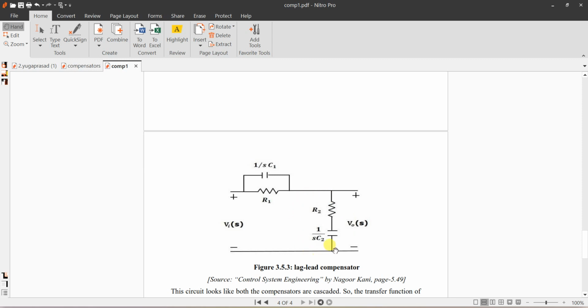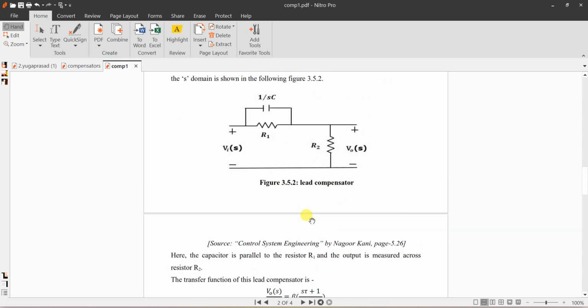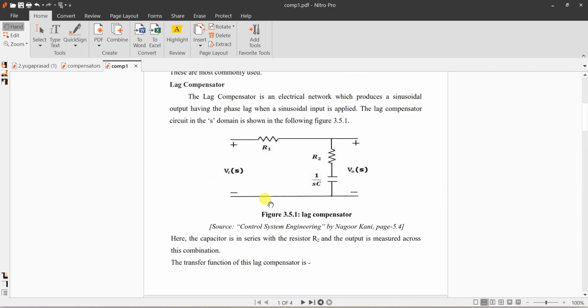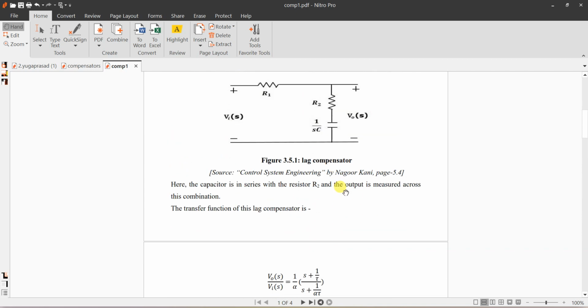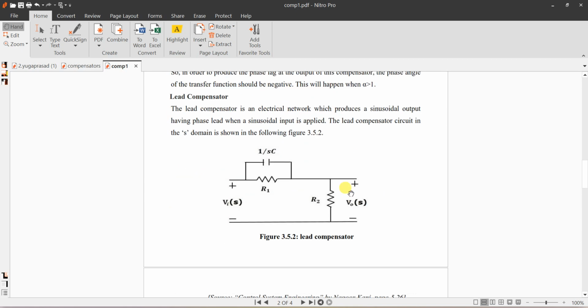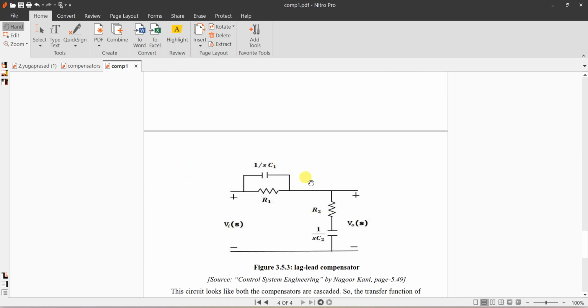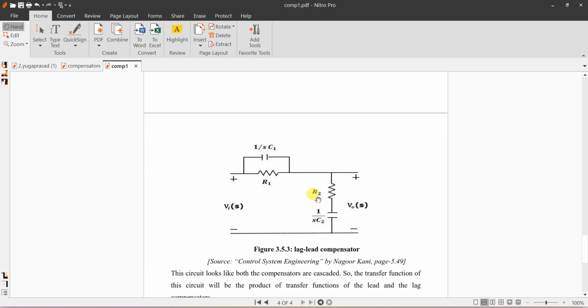If you write it, this part is lead, this is lag. This part will provide lead, and this is lag. So we can call it a lag lead compensator circuit.